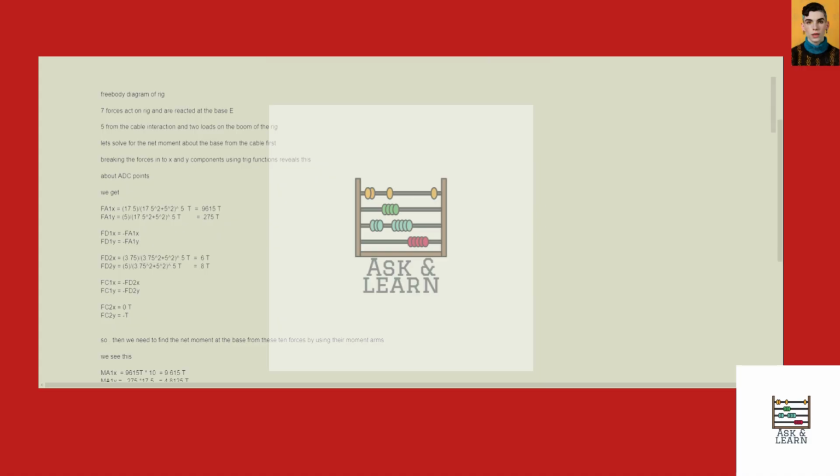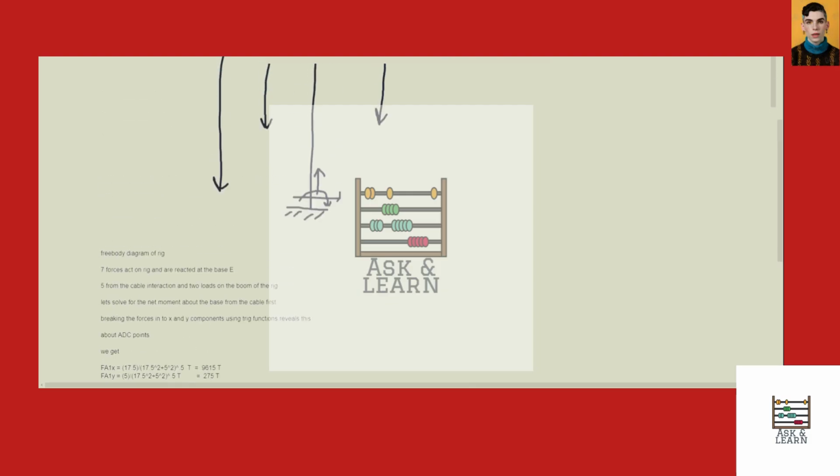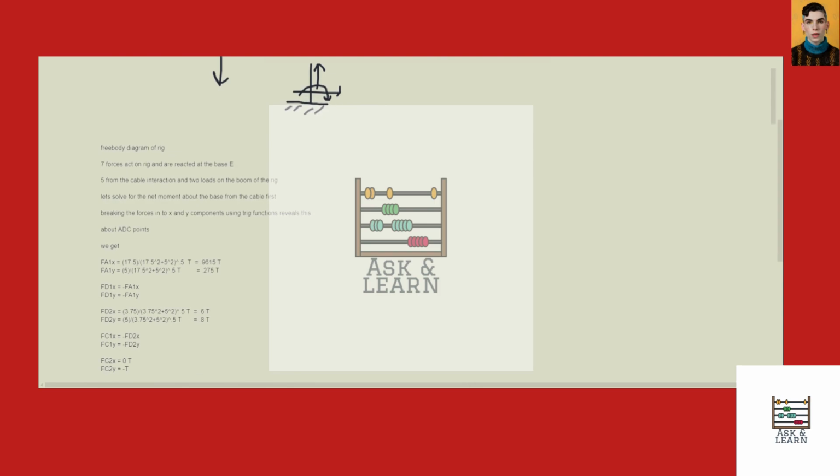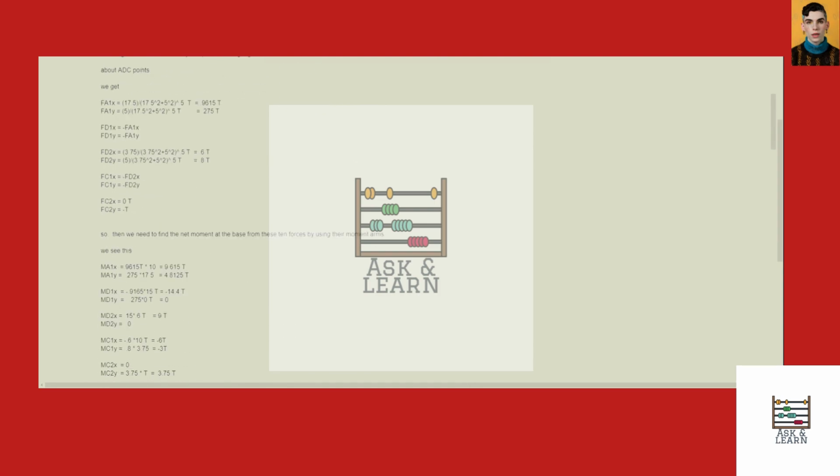So FC1X is negative FD2X, and FC1Y is just negative FD2Y, since they balance each other. The force from the cable in the X direction at point C is 0 because it's all vertical on the second cable, and we have the negative tension in the Y direction.